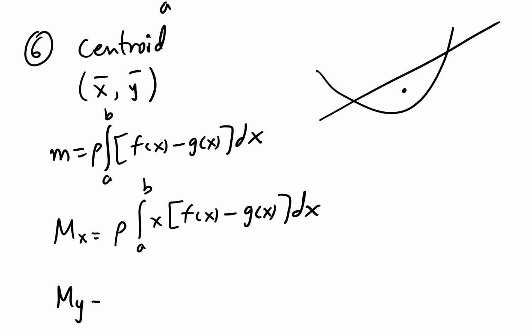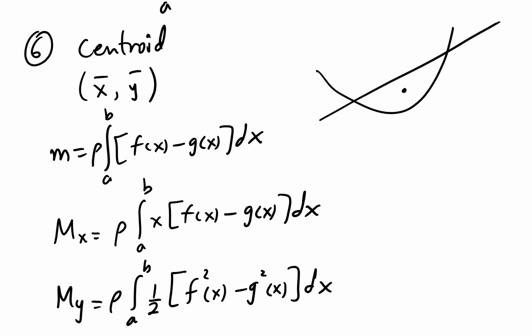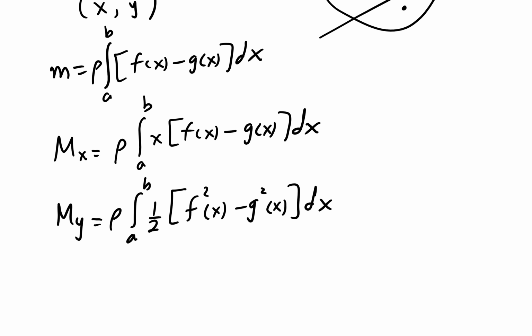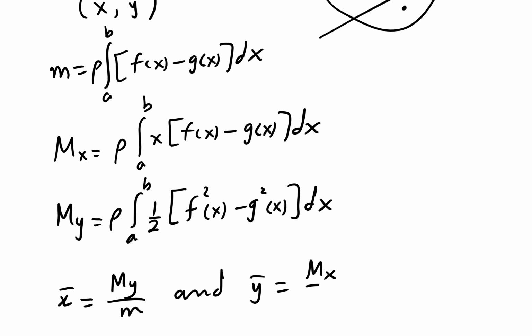And M sub y is rho times the integral from a to b of 1/2 f squared of x minus g squared of x dx. So after these we can find x bar, which is M y over m, and y bar, M x over m.